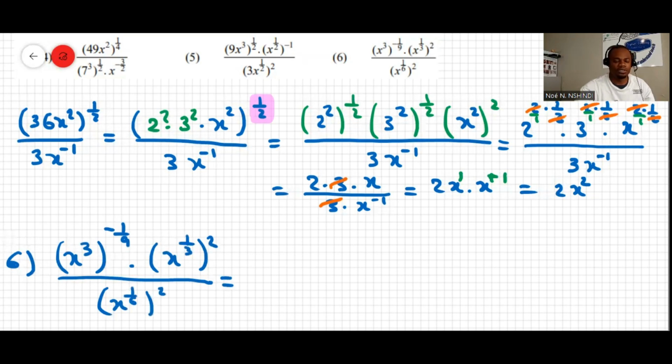Now we can reduce all this. I'll multiply the numerator; we're going to multiply this, that, and that, and then this will be x to the power of -1/3 multiplied by x to the power of 2 over 3, over x to the power of 1 over 3.